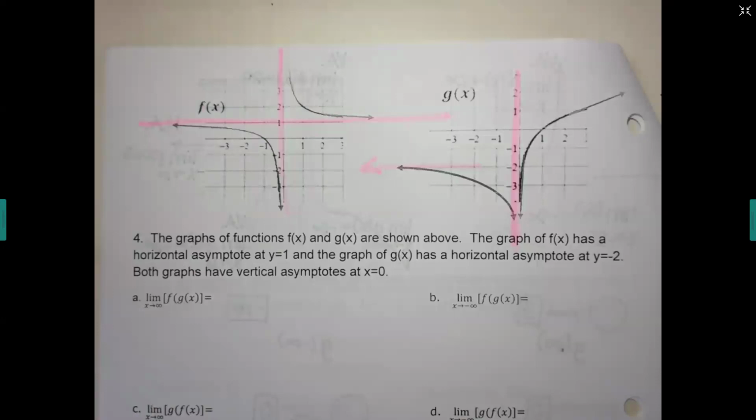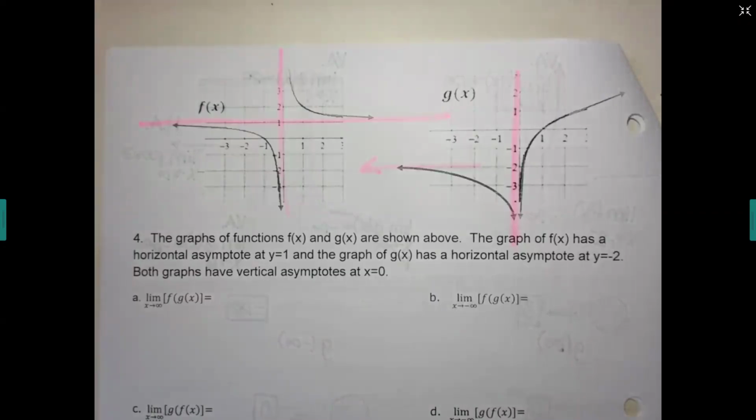Perfect, very good. Okay, so E, so we're going 0 from the right on which graph? Okay, so look at your F graph. Cover up everything on the left, none of this is here. As I get closer and closer to my hand, what's my Y value doing?